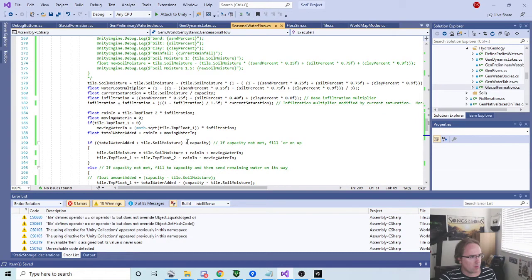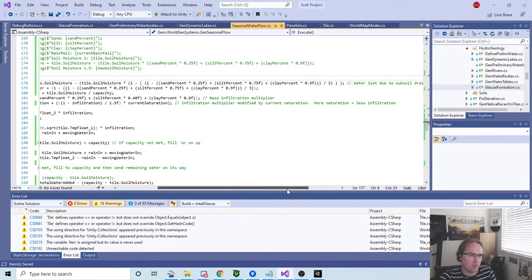So, okay, here's the water loss multiplier. And that would effectively be water loss. Yeah, I see. Somehow managed to get it wrong again.